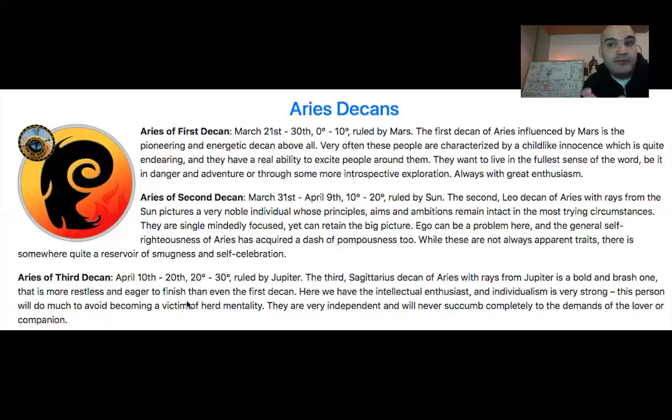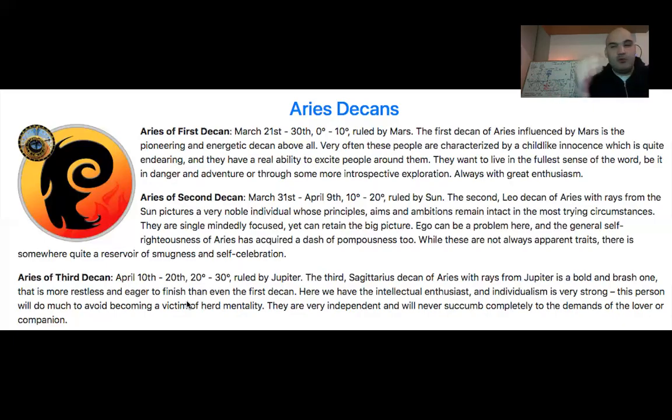Both of us will have that sun energy, because the second decan of Aries is related to the sun, but we'll do it in relation to different things. So Mercury will be in relation to communication, whereas Venus is in relation to love, relationships, and pleasure. So you can see how that decan can play out differently depending on which planet is there as well.